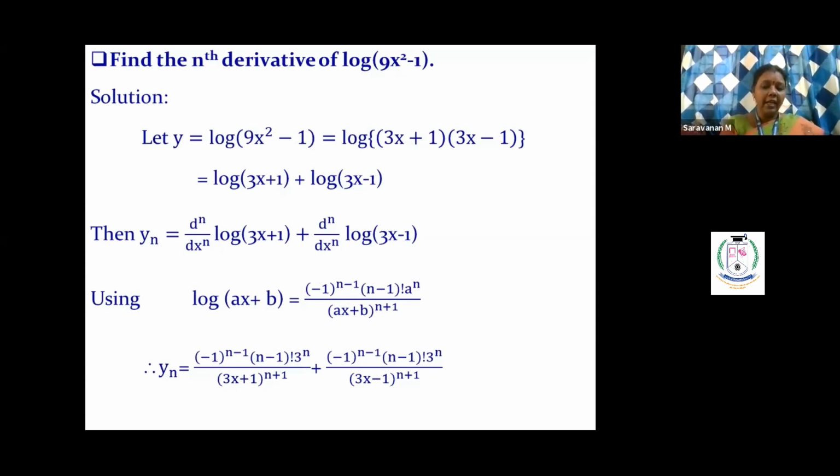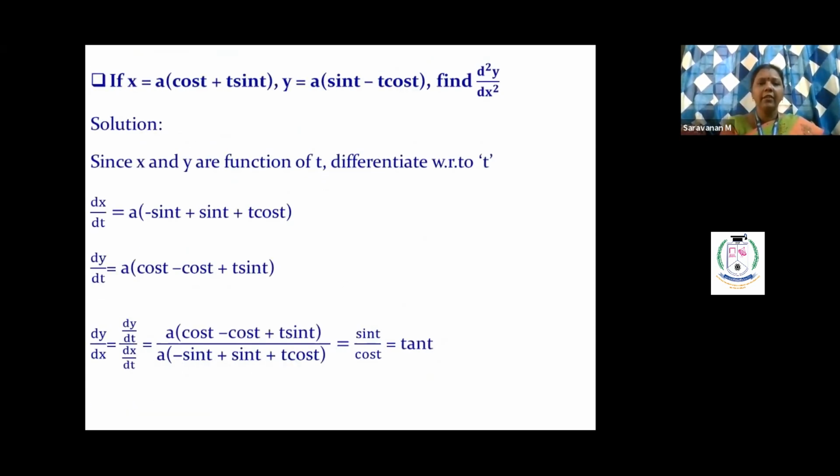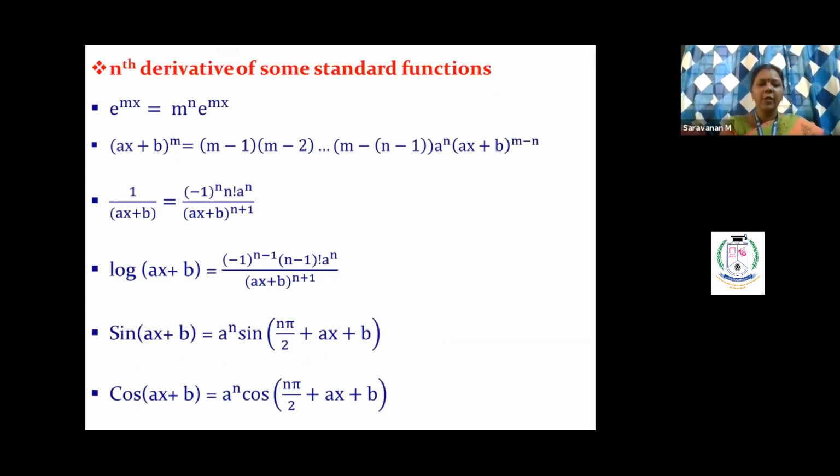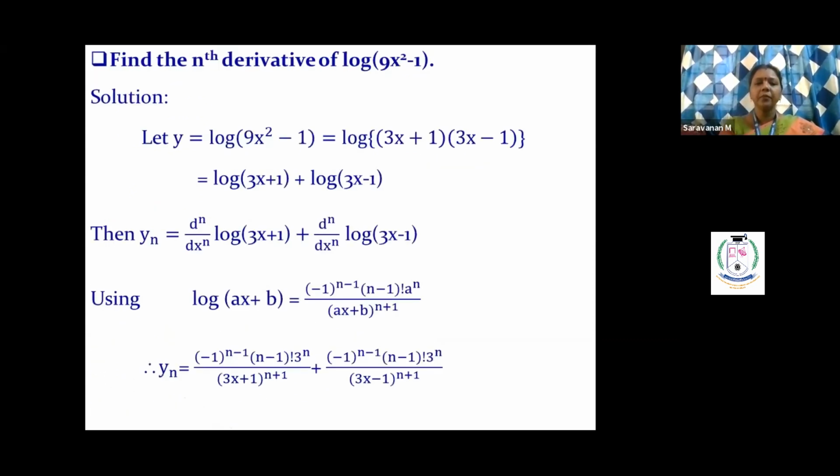We can't differentiate n times one by one because n is a general term. You know the nth derivative formula for log of ax plus b: the nth derivative is minus 1 the whole power n minus 1 into (n minus 1) factorial into a power n divided by (ax plus b) the whole power n.